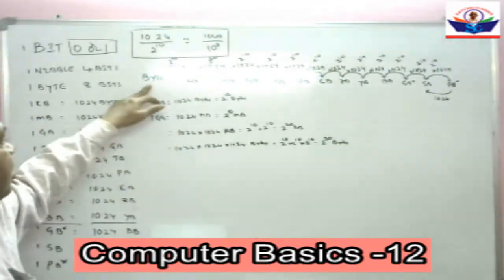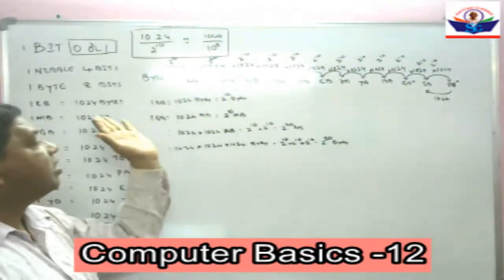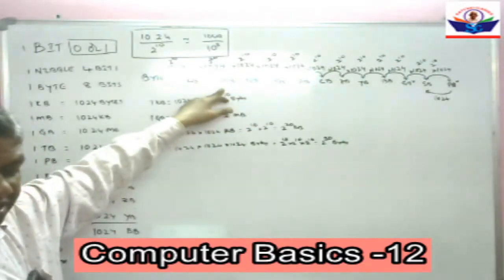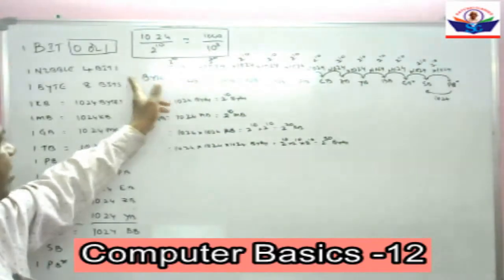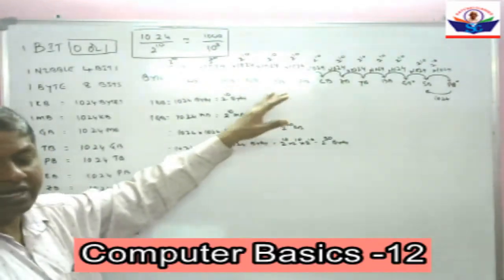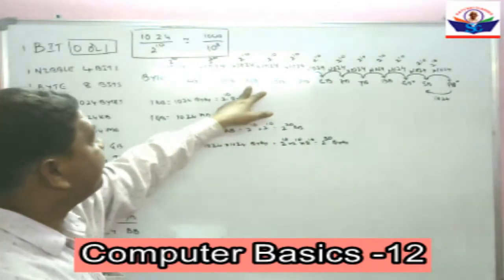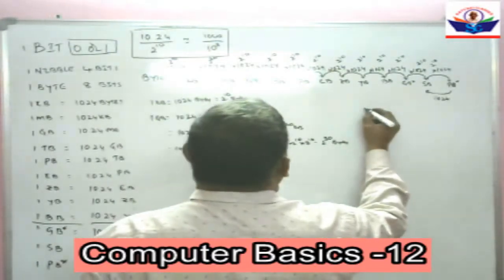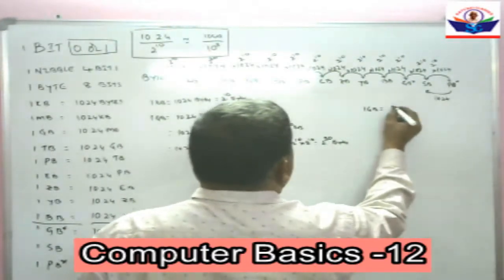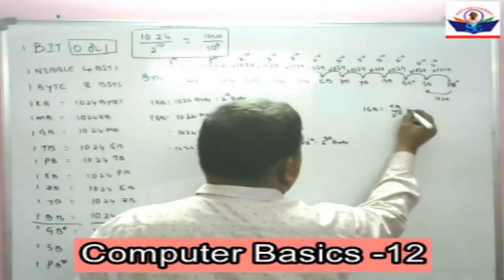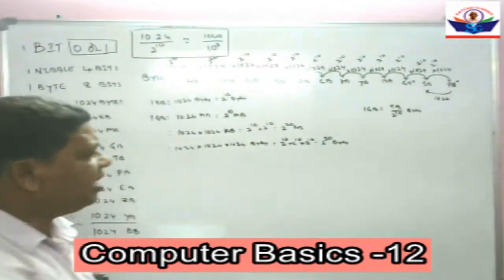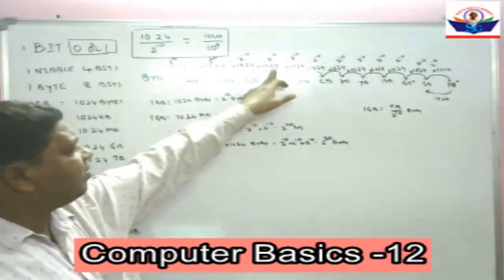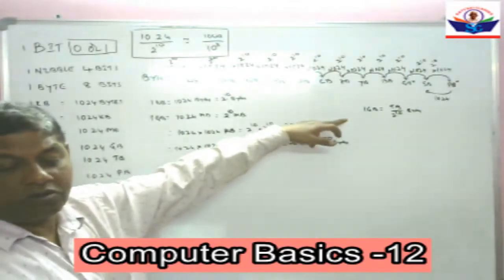Like this, if you remember this figure, we can convert gigabytes to megabytes, megabytes to kilobytes, kilobytes to bytes. We can write in any form. Suppose we want to see 1 GB in terms of terabyte by 2 to the power of 10.